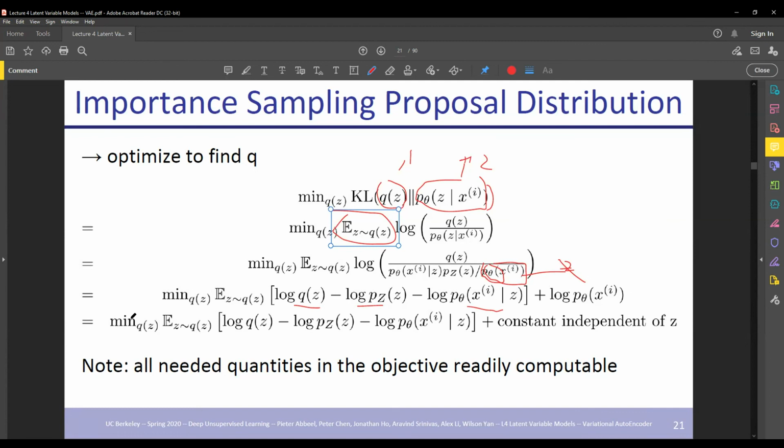So it gets out of here, and then you just do the minimum over Q of Z of the expectation of Z sampled from Q of Z, and then these three values.